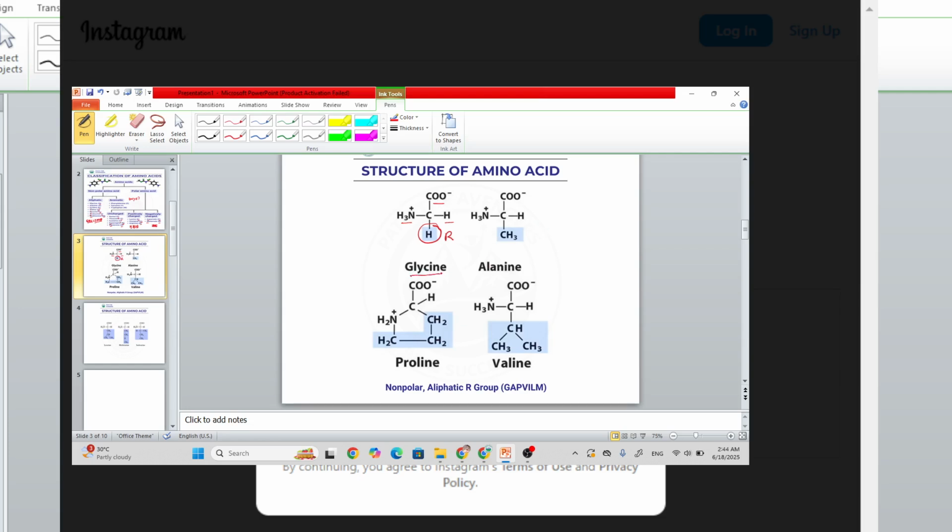This one is glycine, and the second one is alanine. In alanine, the R chain is CH3. In proline, this is the R chain, and in valine, this one is the R chain.